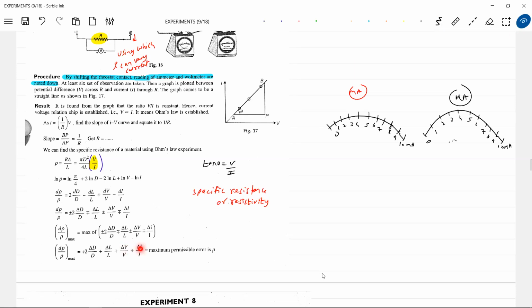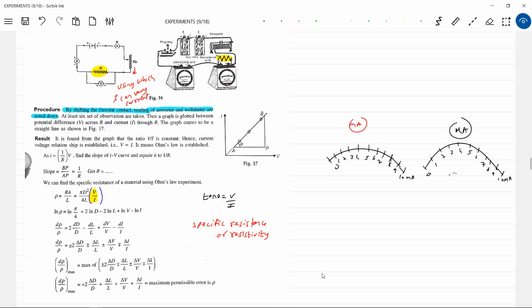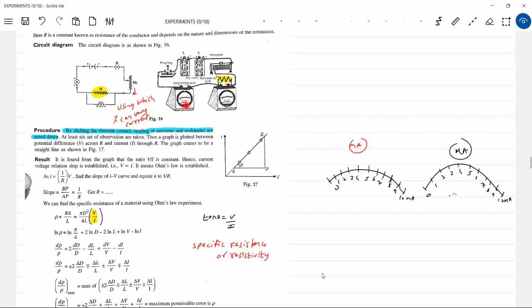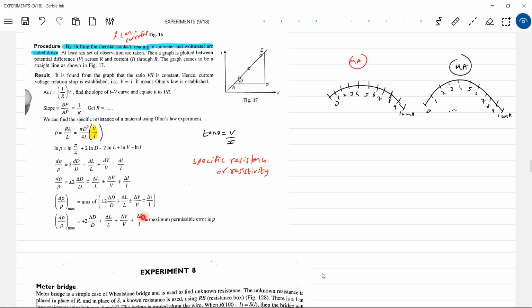So delta V, delta I. What are delta V and delta I if they give a scale? The troublesome question in the exam is that they may give this diagram and indicate the scale for the voltmeter and ammeter, but not give the values of delta V and delta I. You should not say it's out of syllabus. Take it from the smallest division.